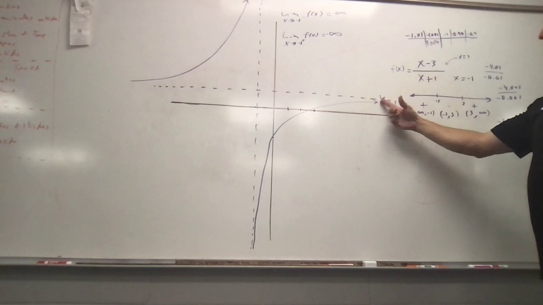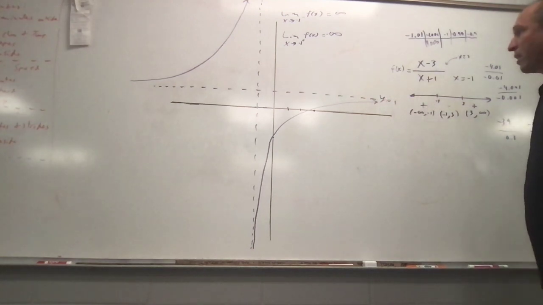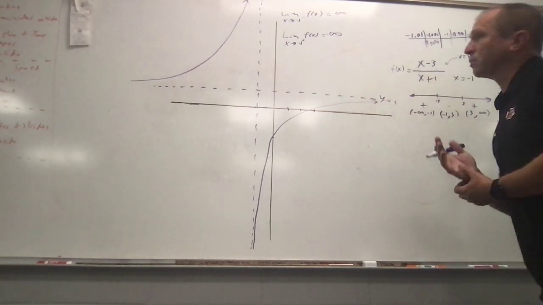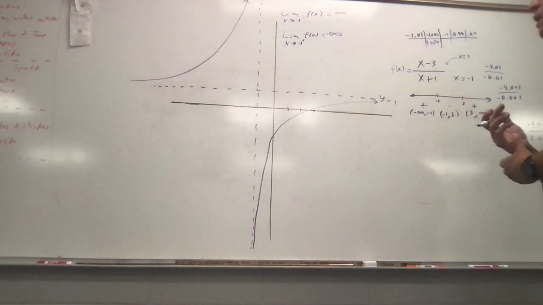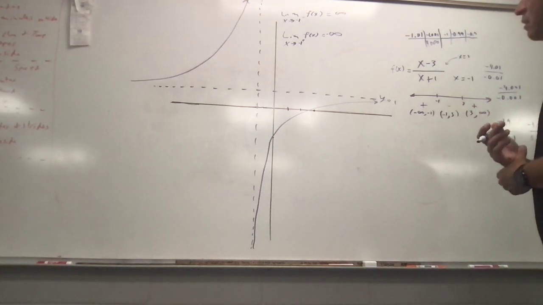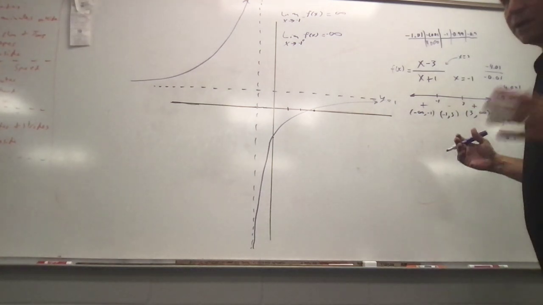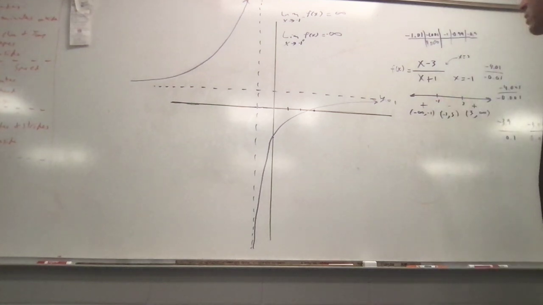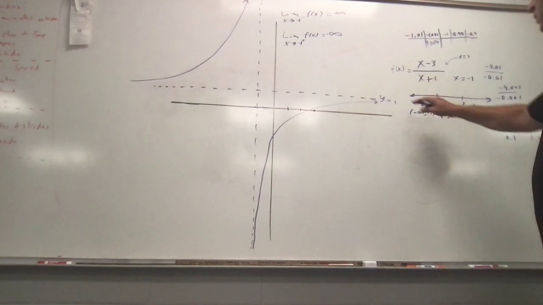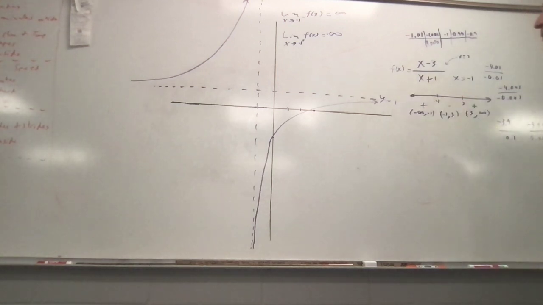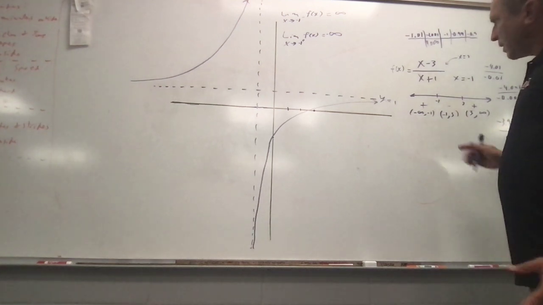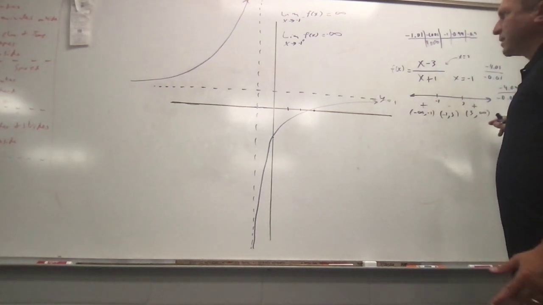But it gets microscopically close to 1. In fact, we can get it as close to 1 as possible. That has to do with the epsilon-delta definition of the limit, saying that, hey, we can get as close to a value as we want to if the limit does exist there. So in this case right here, we've got this limit to be 1. So that is our horizontal asymptote.